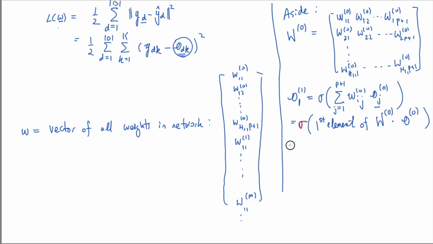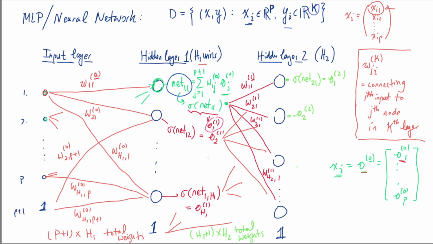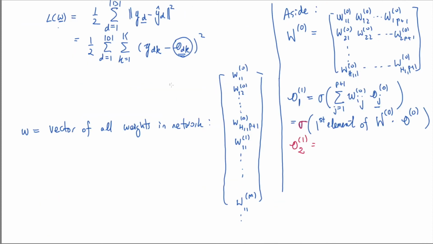And then similarly, the second output. Let me go back here. The second node in the first hidden layer has output O2,1, right? So this guy is going to be the summation.